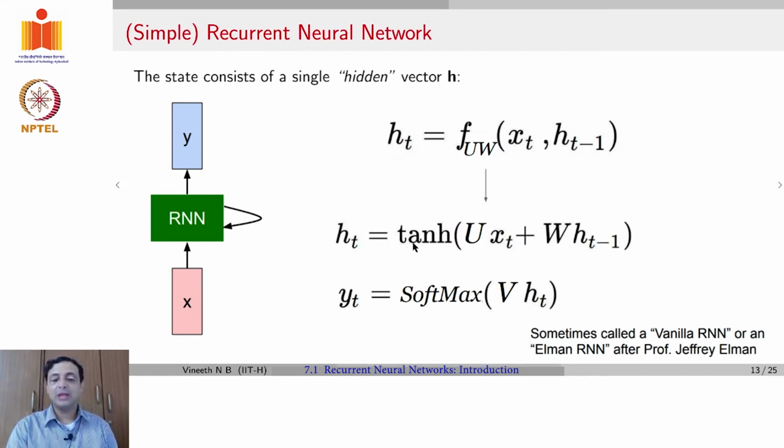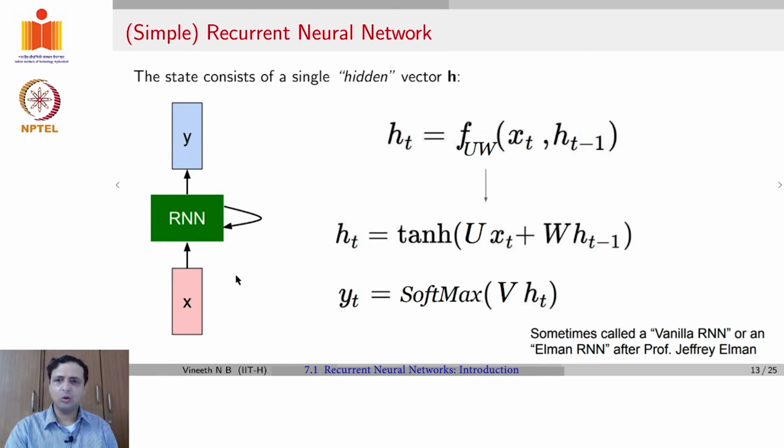So you could now think of using activation functions depending on the task that you have. This recurrence relation that we just wrote here would now be ht is equal to, say, a tanh activation function, which is commonly used in recurrent neural networks, of U into xt, where u is a matrix of weights that multiplies xt, plus w into ht minus 1, where w is a matrix of weights that multiplies the input ht minus 1. Yt could have a softmax of v into ht.